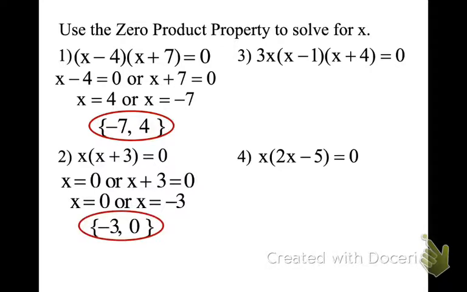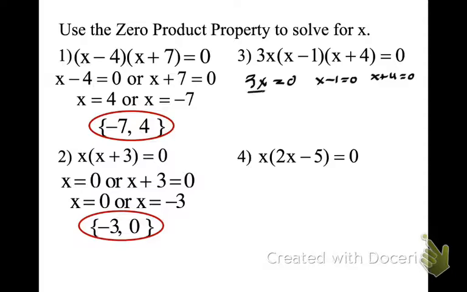Okay, number 3, I'm setting 3x equal to 0, x minus 1 equal to 0, and x plus 4 equals 0.